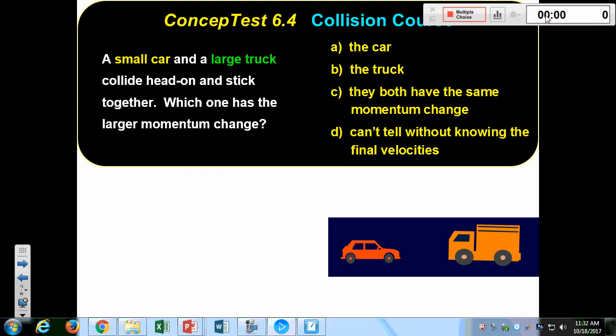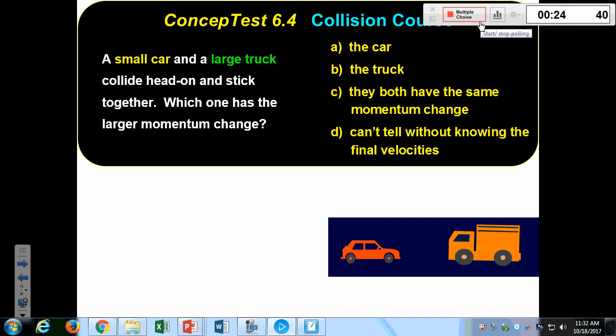All right, a small car and a large truck collide head-on and stick together. Which one has the larger momentum change? Actually, I want to skip this one. I'm just going to stop it.